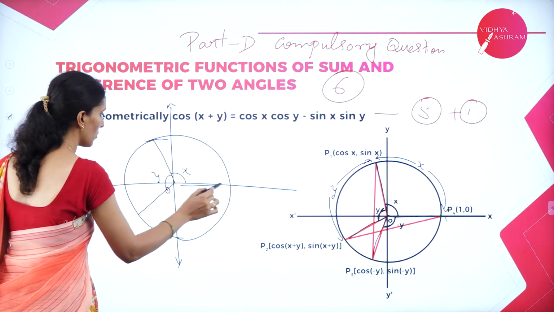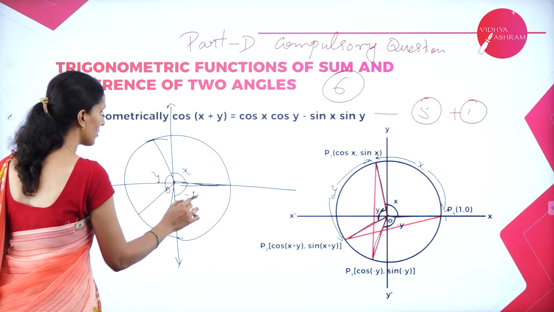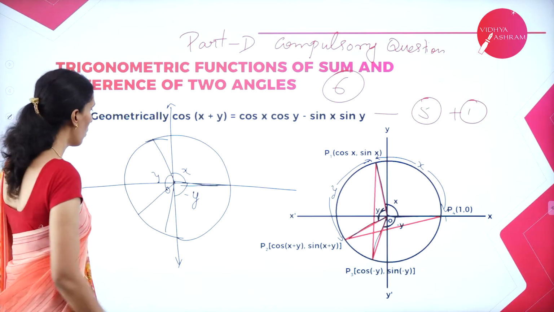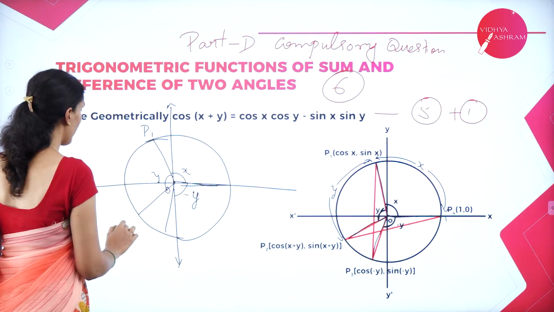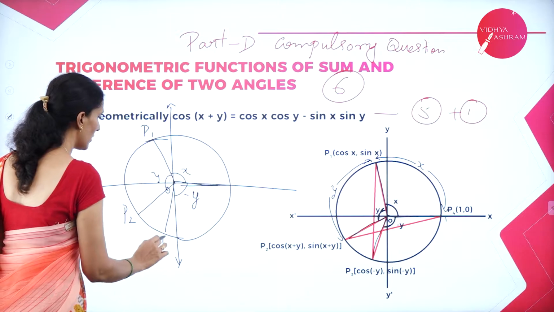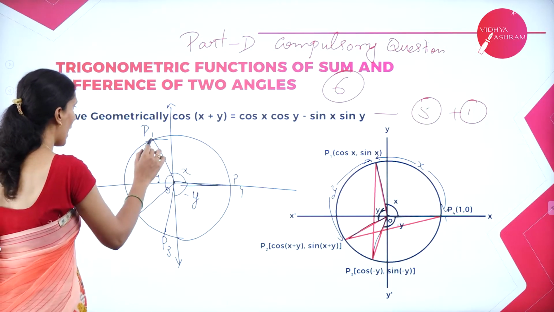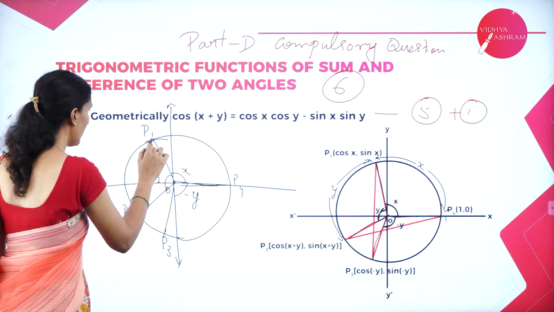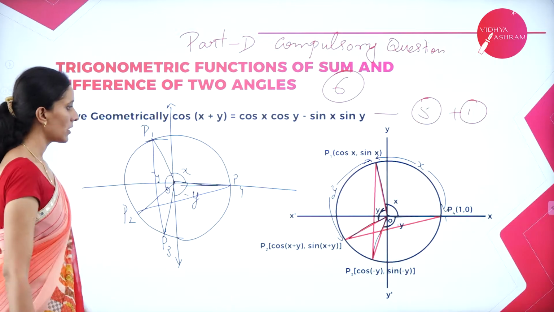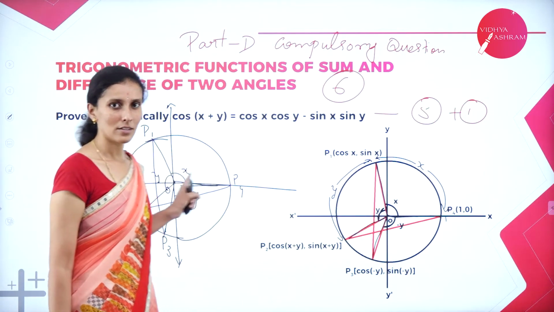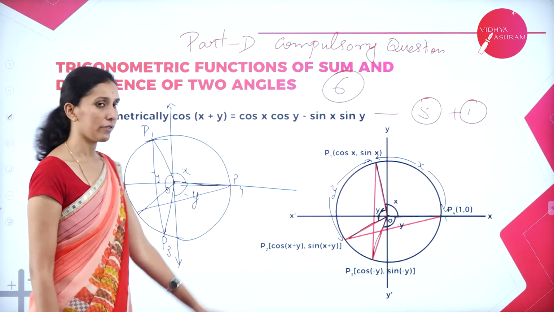And from here, with the same measurement, I have taken an angle in the negative direction, that is minus y. I have taken this as point P1, this as point P2, this is point P3, point P4. In the next step, I am joining P1 to P3 and P4 to P2. This is what I got inside the circle. This is the diagram: joining P1 to P3, P2 to P4.